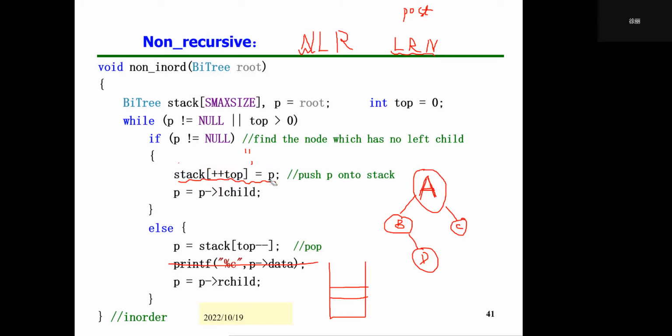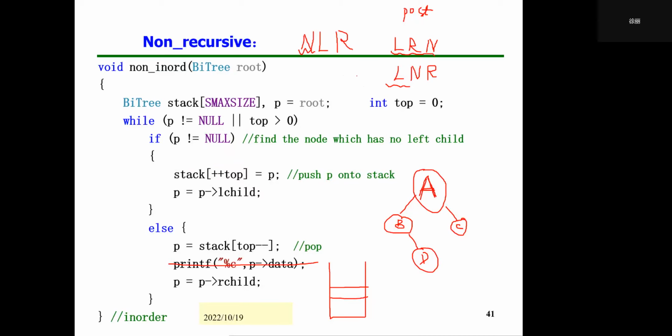The first thing we need to do is the same as we have done in in-order, because in-order is left subtree, root, and then right subtree. So the first step, they are the same, right?